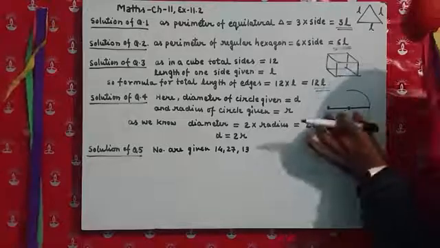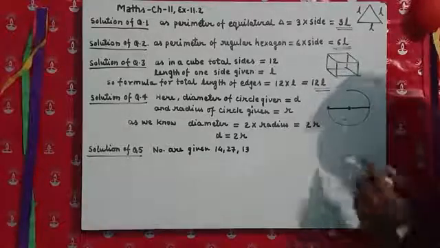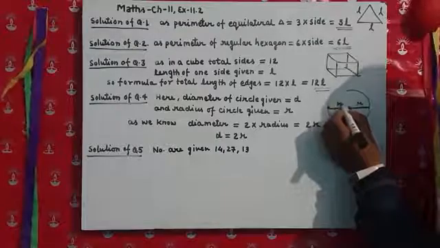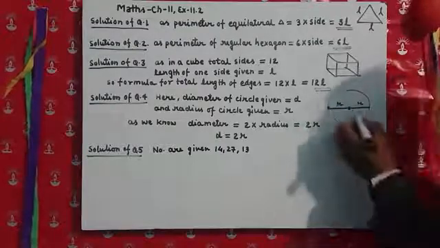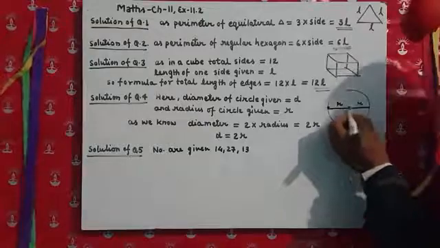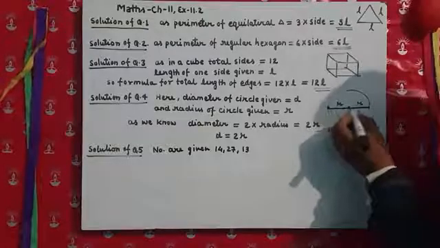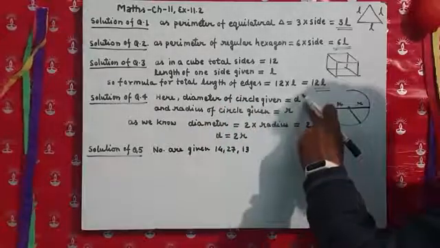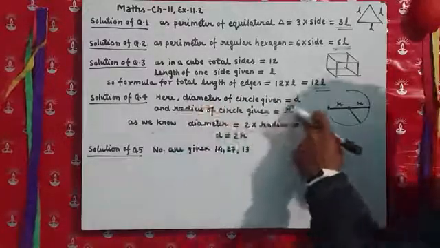And the diameter is the sum of 2 radii. Simply we can say that one radius is from the center to the circle. Here the diameter of the circle is given as D and the radius of the circle is given as R.